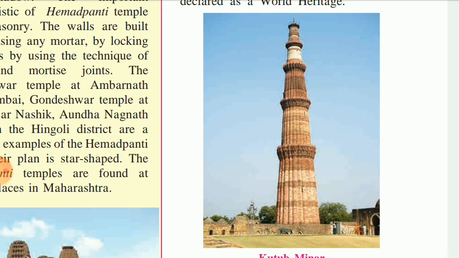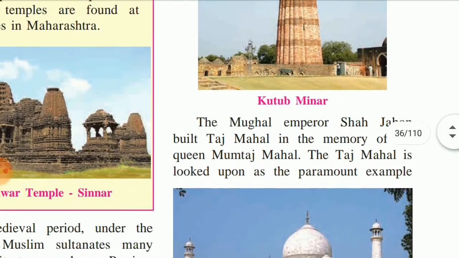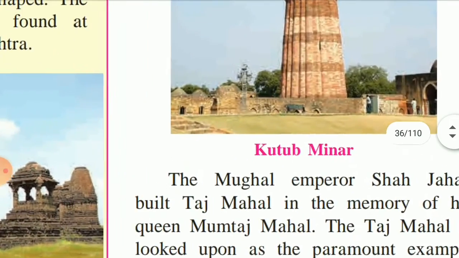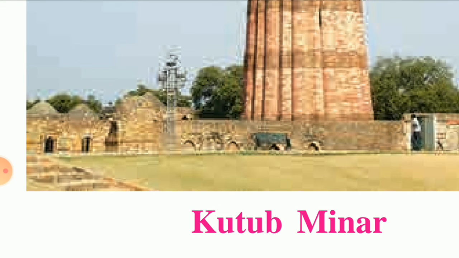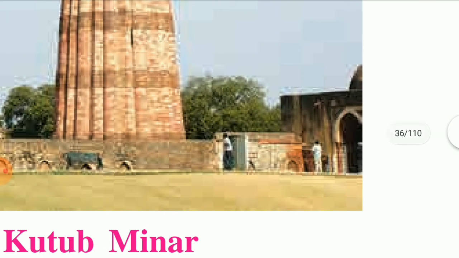The Kutub Minar complex of buildings has been declared a World Heritage Site. You can see here not only the Kutub Minar, but the structures on the lower side as well. This entire thing is considered a World Heritage Site.